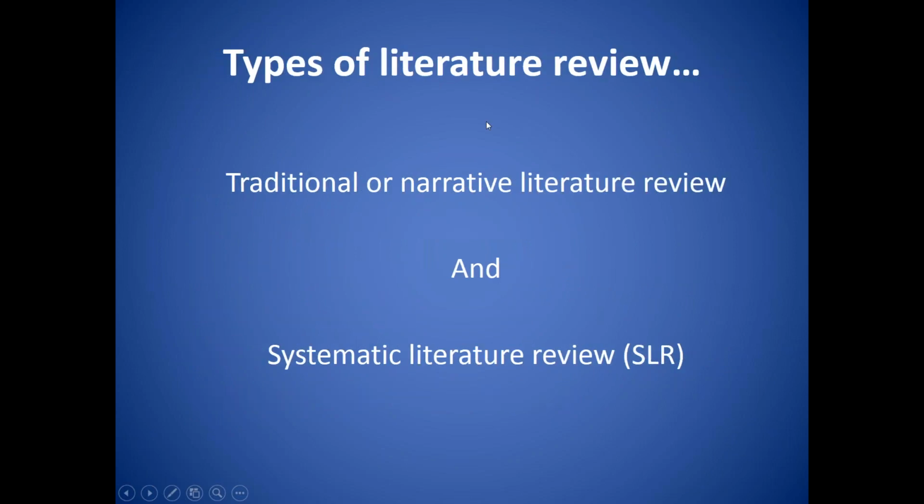So we have two types of review. Most of you will be following on this occasion for your substantive project a traditional or narrative literature review, which is what we will focus on mainly this morning.